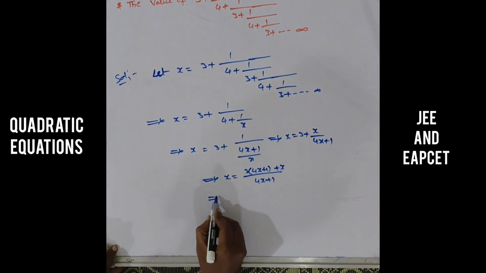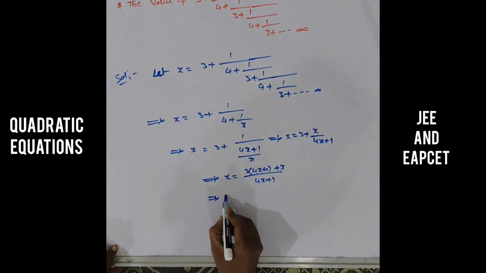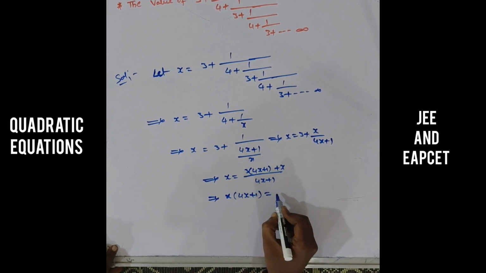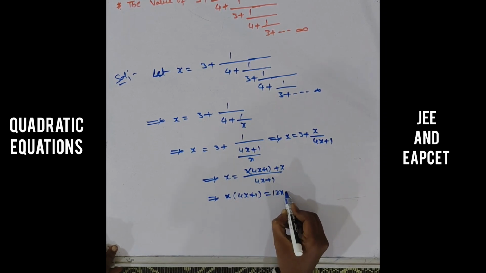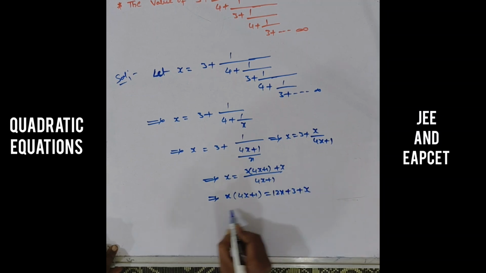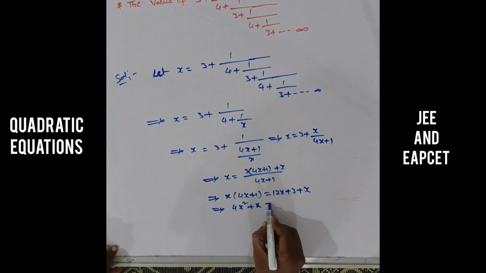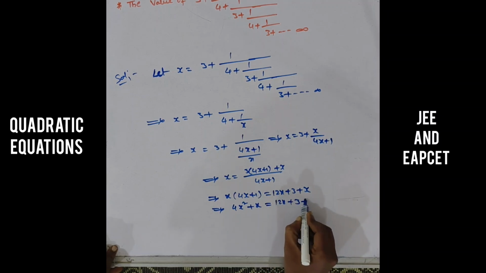This can be written as x into 4x plus 1. 3 into 4x is 12x, 3 into 1 is 3, plus x. This implies 4 into x is 4x square plus x. 1 into x is equal to 12x plus 3 plus x.